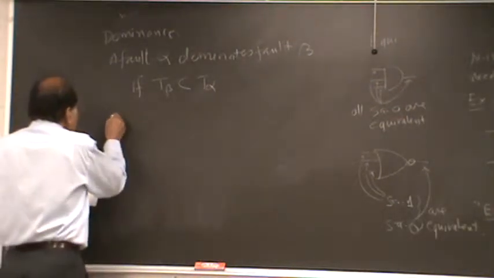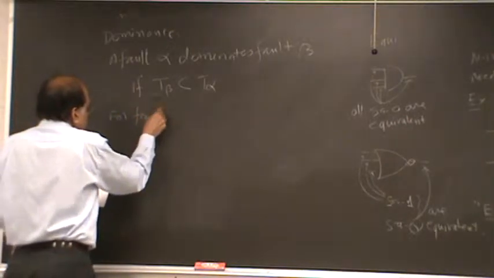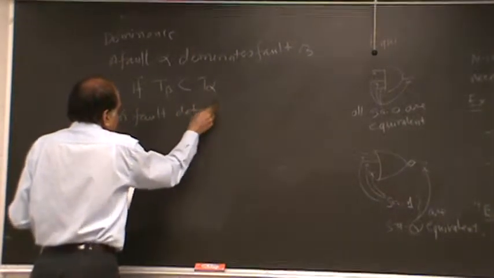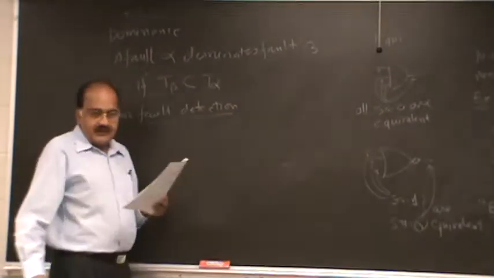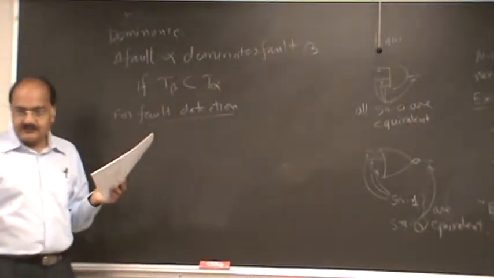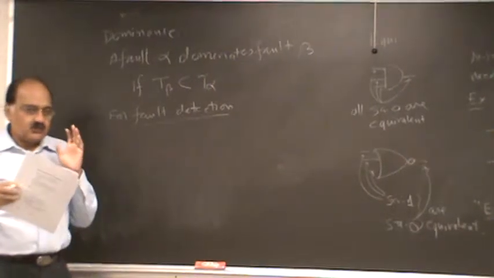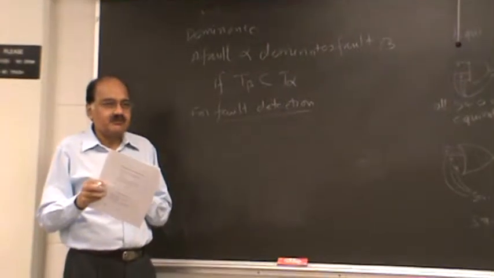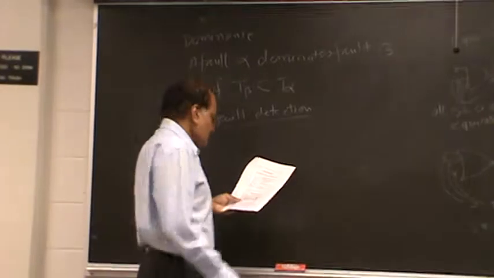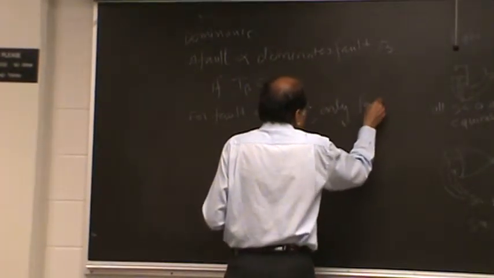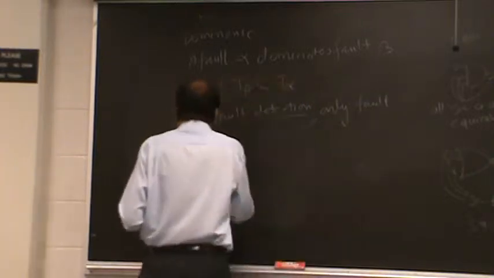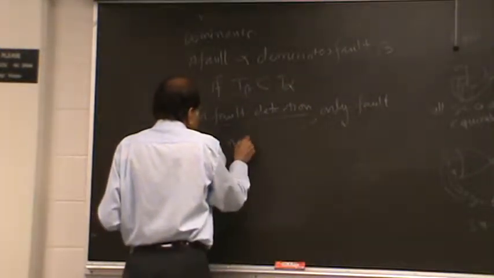And that means that for fault detection, and notice we are talking only about fault detection, if you simply want to detect presence of a fault, then only the fault blank needs to be considered.